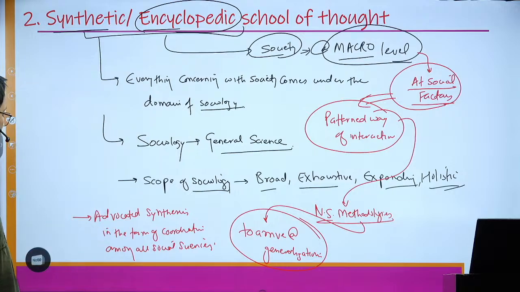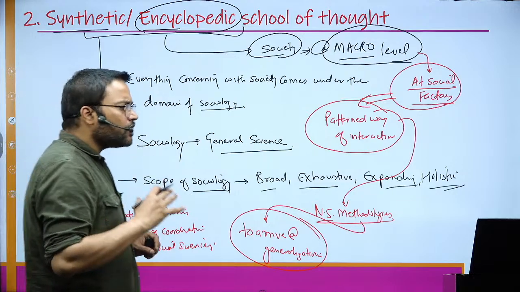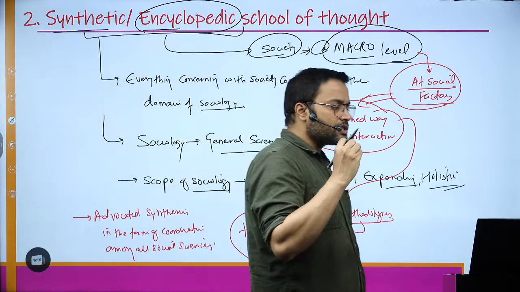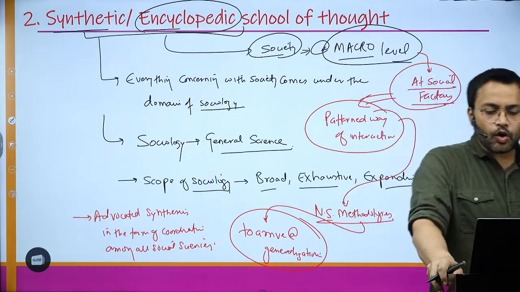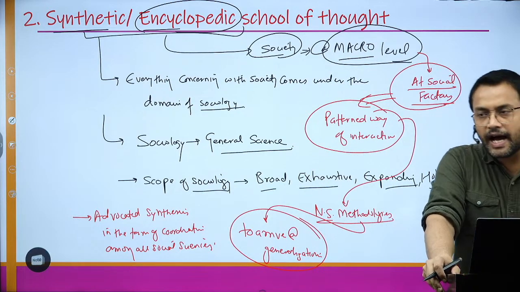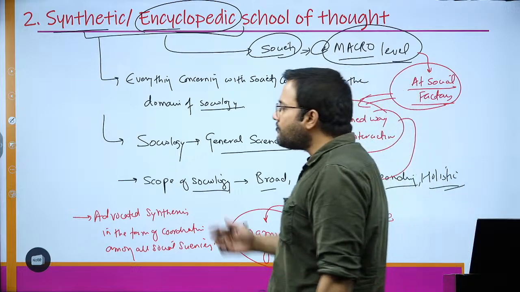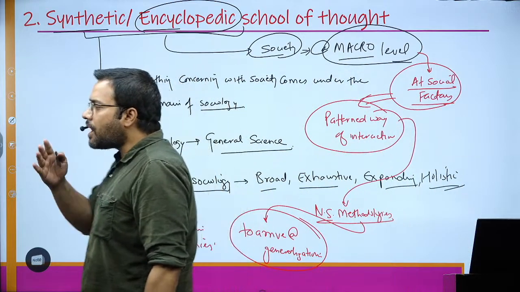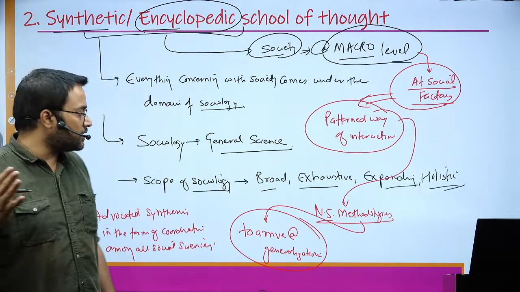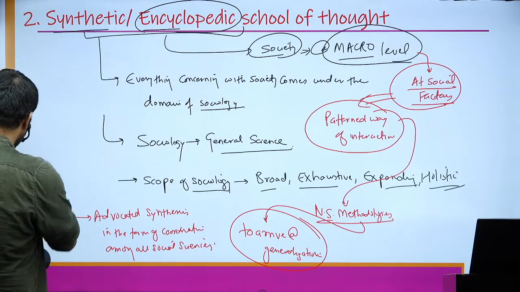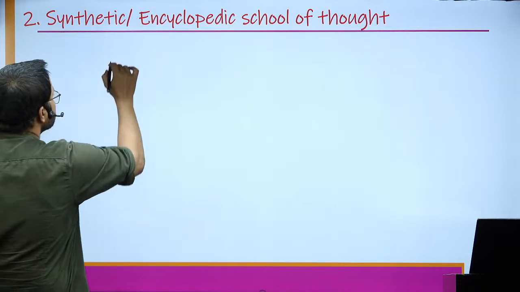And how? If you have looked into the first two lectures, I have talked about Auguste Comte and Karl Marx, and how society has evolved from one stage to another.